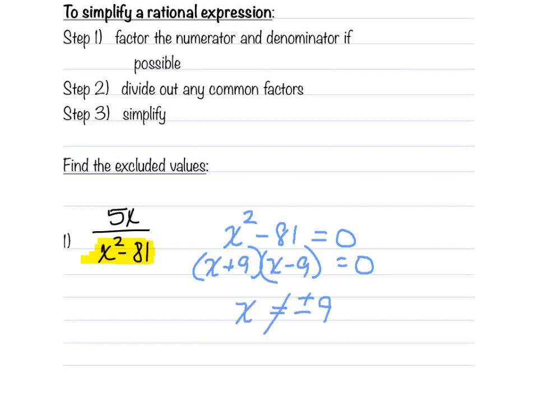In this case, those are my two excluded values. Remember, an excluded value is a value that the variable cannot equal. In this case, x cannot equal positive 9, x cannot equal negative 9. Either one of those makes my denominator equal to 0.